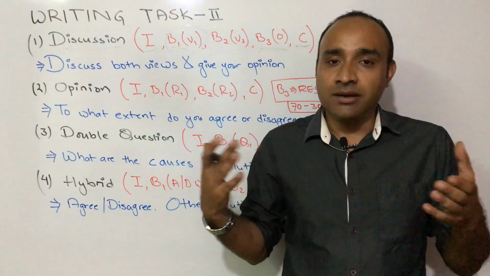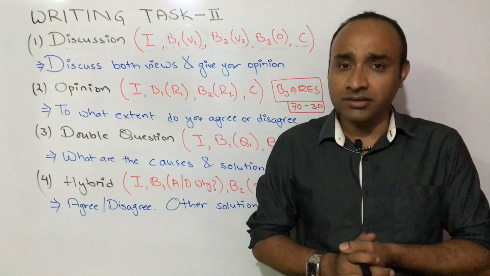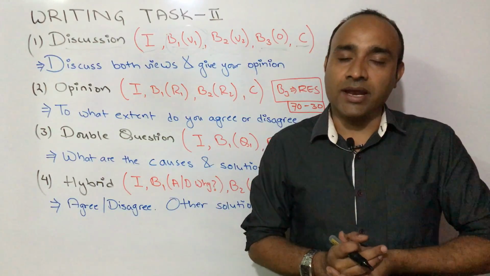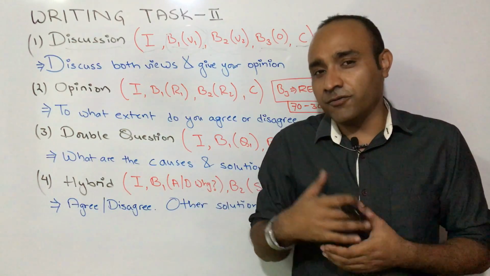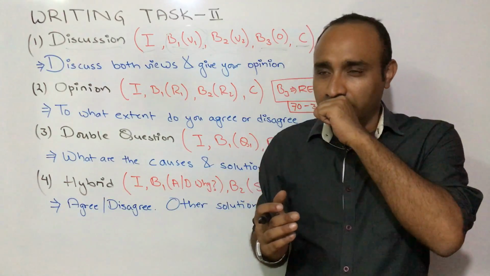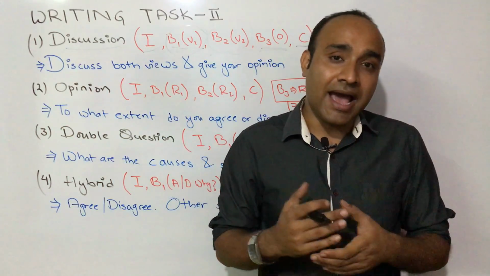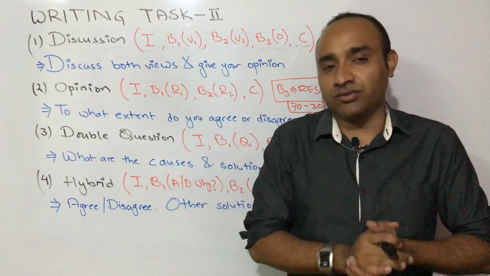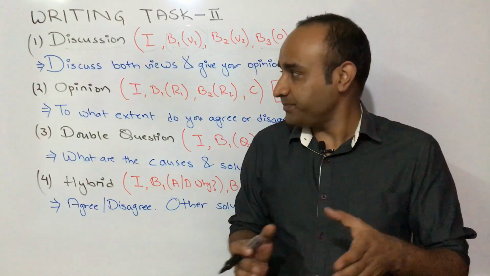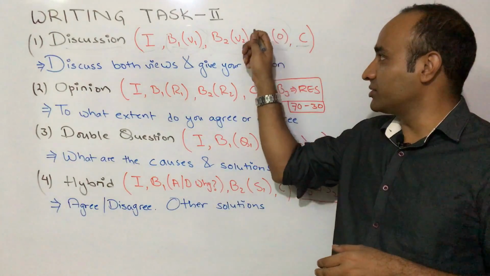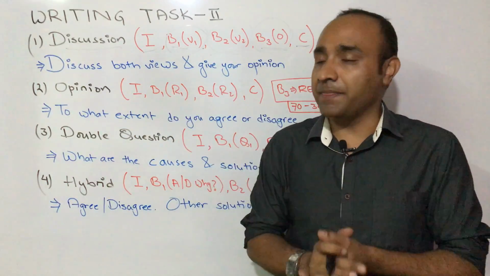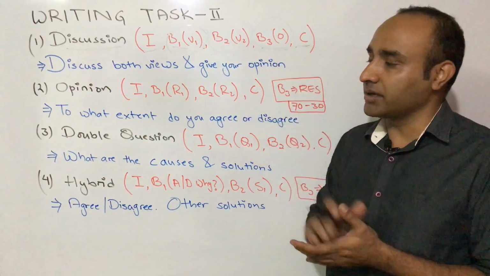So in a mountainous country like Nepal, definitely railways are not feasible in terms of the landscape, because of the hills and mountains that we've got in our country. So here I'm going to say it depends, and then I'm going to wrap it up with a conclusion.